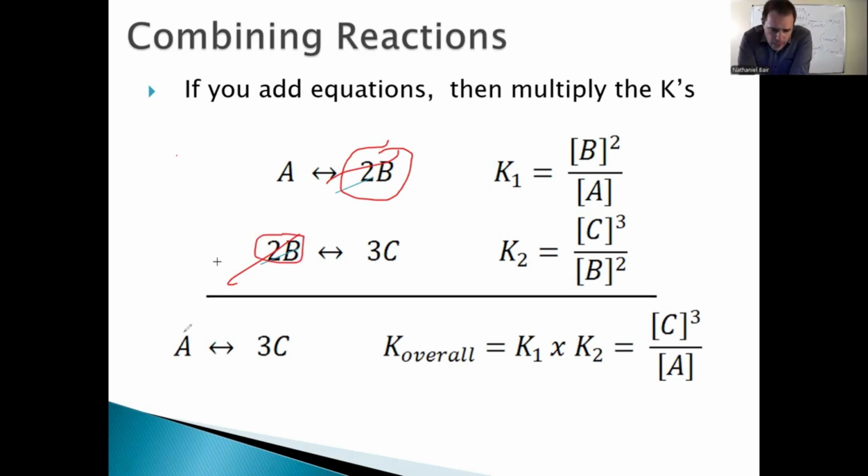The net reaction would be A goes to 3C. If I know the equilibrium constant for each of these individual elementary steps, I can get the overall constant by just multiplying them. If it was a 3-step reaction, you just multiply K1 by K2 by K3, and you would get the new overall reaction. I have had to do that one. So the overall constant for a multi-step reaction with multiple elementary steps, you just multiply each individual constant.